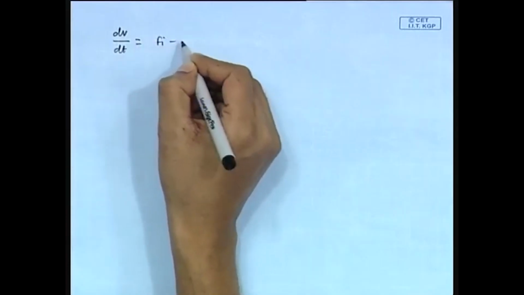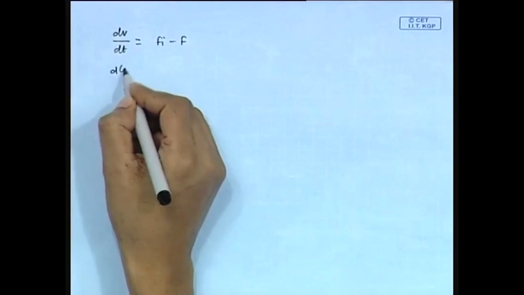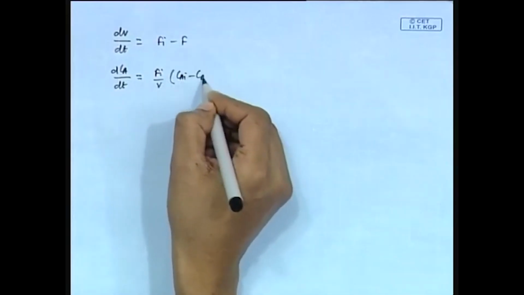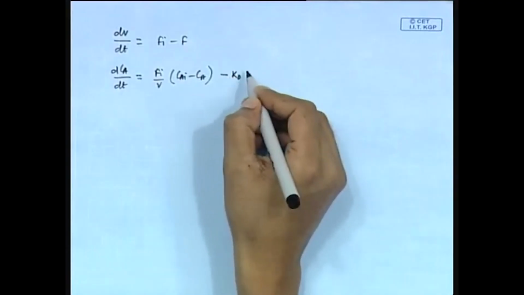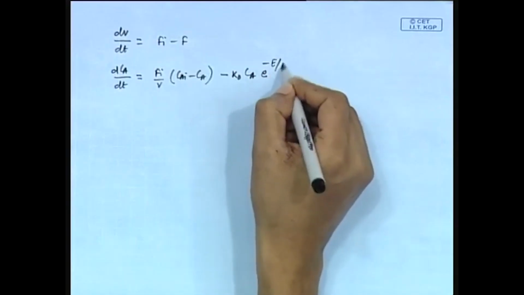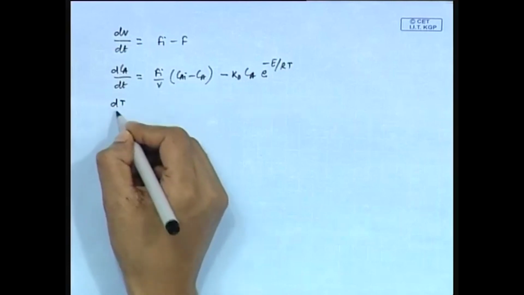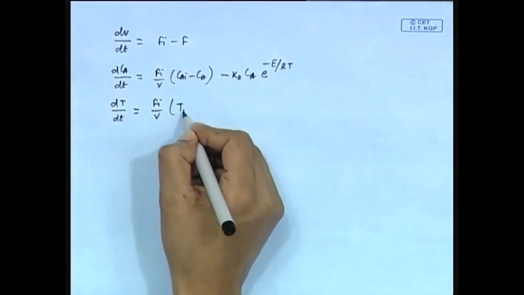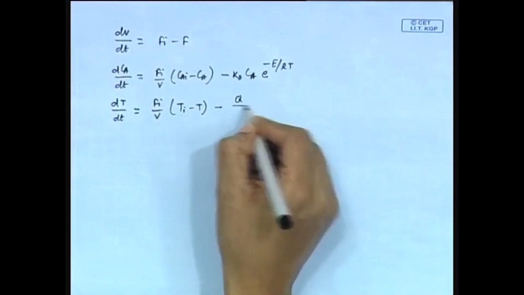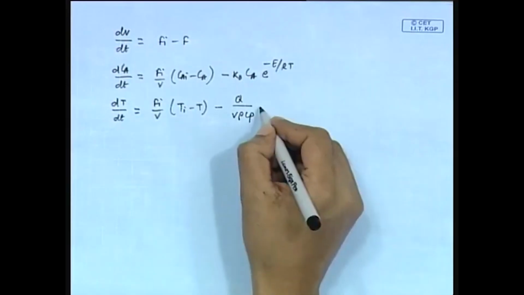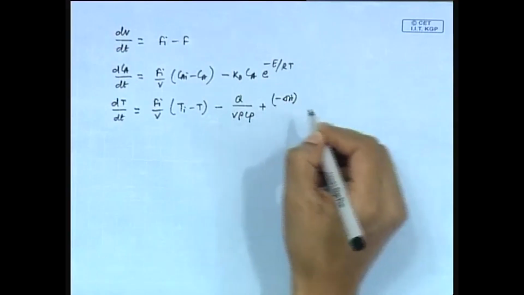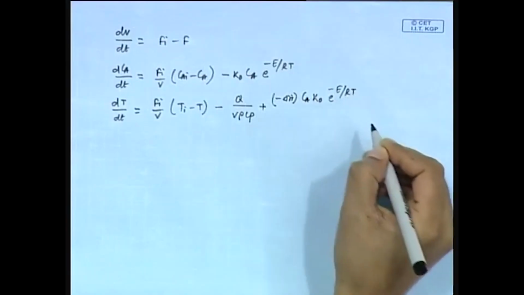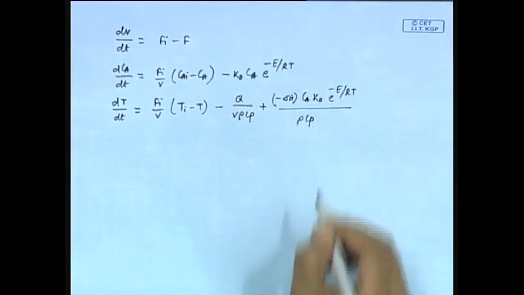One we got, dV/dt equals Fi minus F. Second equation, dCA/dt, that we got Fi divided by V (CAi minus CA) minus k naught CA exponential of minus E divided by RT, and the energy balance equation we got, that is dT/dt equals Fi by V into (Ti minus T) minus Q divided by V rho Cp plus (minus del H) CA k naught exponential of minus E divided by RT, whole divided by rho Cp.